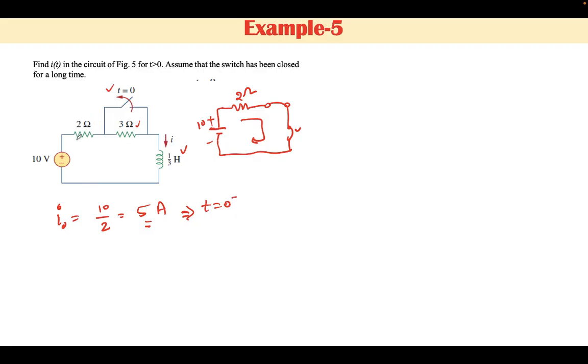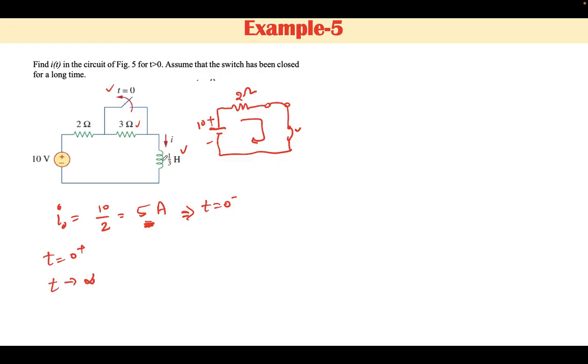Now when we are considering t is equal to 0 plus, the switch is opened, and with the open state of the switch, this resistance comes into play, whereas the inductor is connected in this circuit. When the switch is open, the initial current in this inductor was 5 ampere, but the final current is at t tends to infinity.